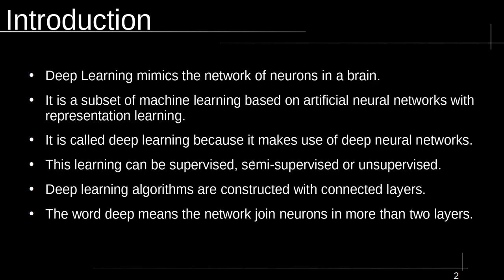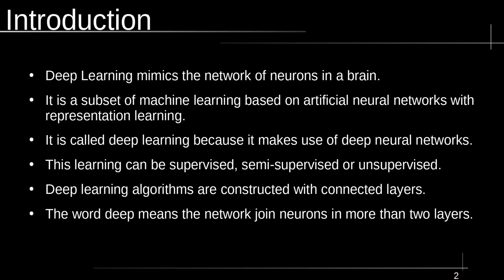So we will be adding many hidden layers in neural model training, and this learning can be supervised, semi-supervised, unsupervised, any type of it may be possible. Deep learning algorithms are constructed with connected layers.